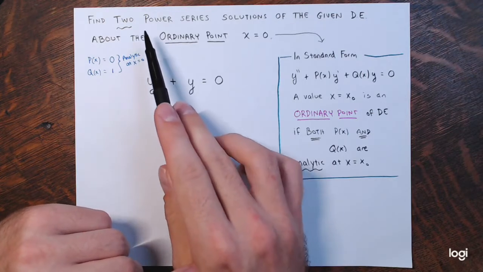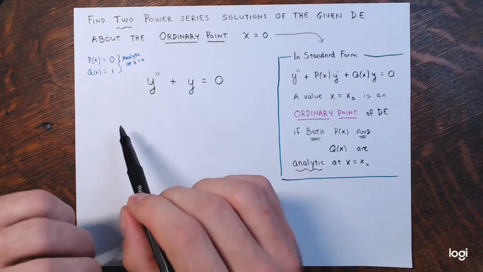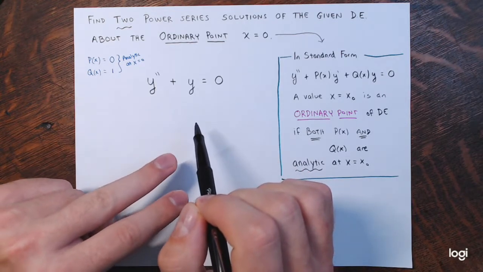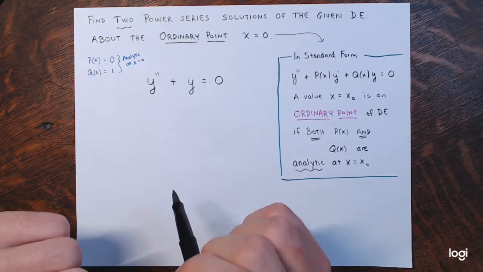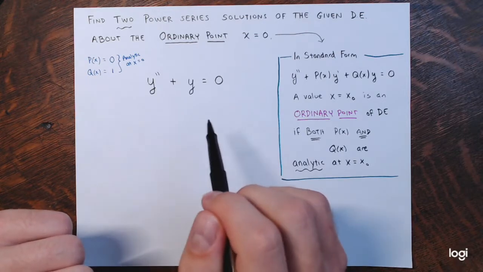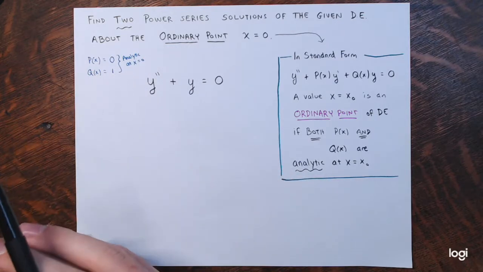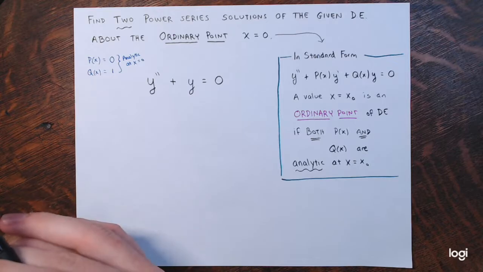Well, now that I'm dealing with a second order equation, my general solution should depend on two parameters. We have two constants that we can freely choose in our family of solutions, and each constant will be attached to one of two linearly independent solutions. That's what I'm saying here, find two power series.